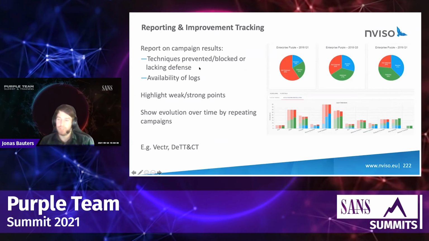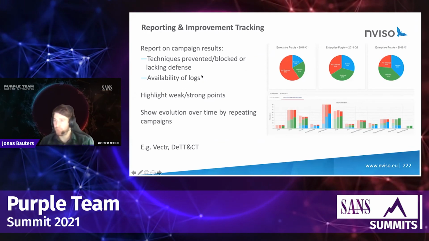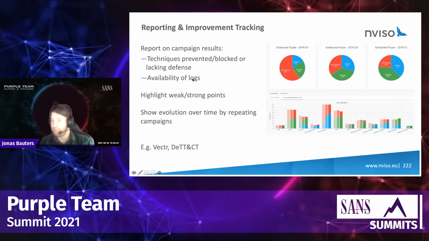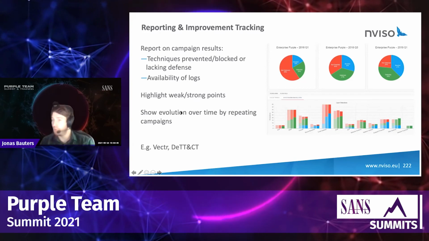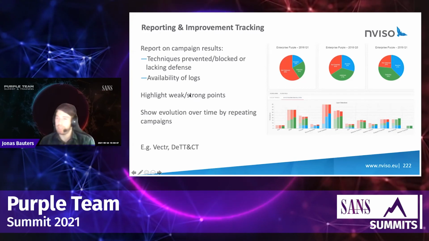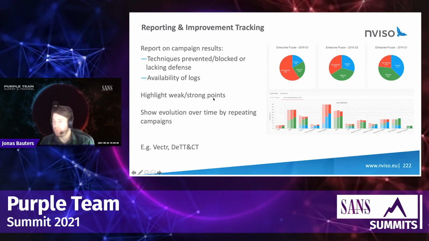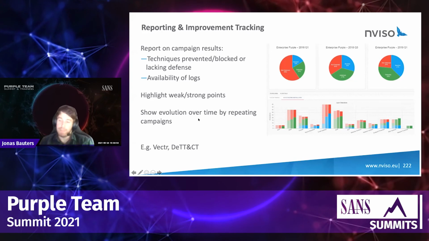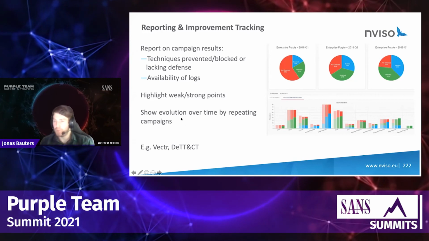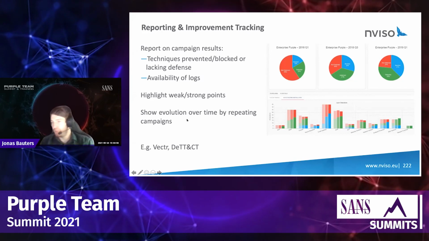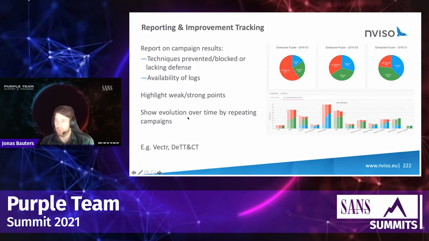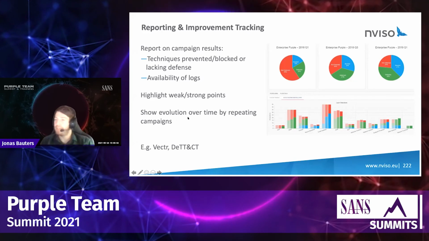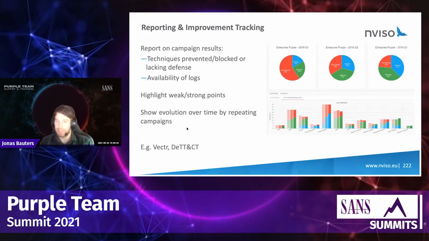And you also want to see where you are in terms of logs to enable detecting those techniques. So the goal there is to highlight weak and strong points, which can be mapped to the kill chain, to specific tactics, and importantly, to report to management as well, show evolution over time, and show how your detection improves against these techniques.